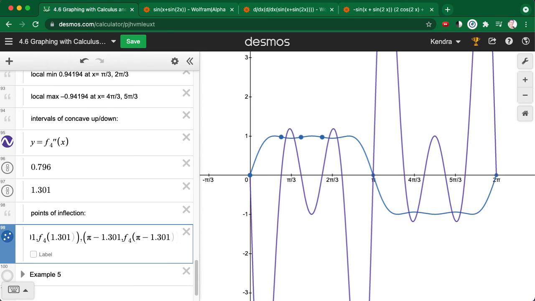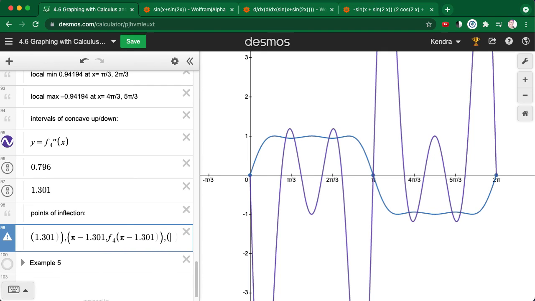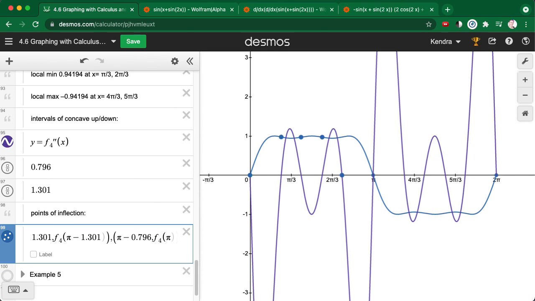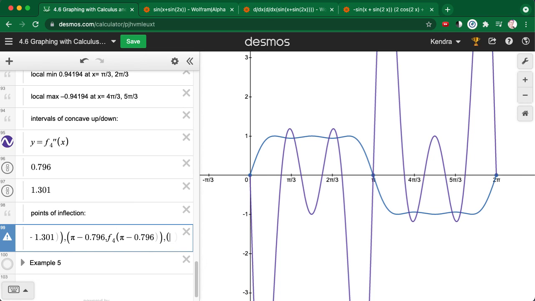And then here we have this point here, which is going to be the analog of that point, so it's pi minus 0.796. Okay, and then there's going to be pi.